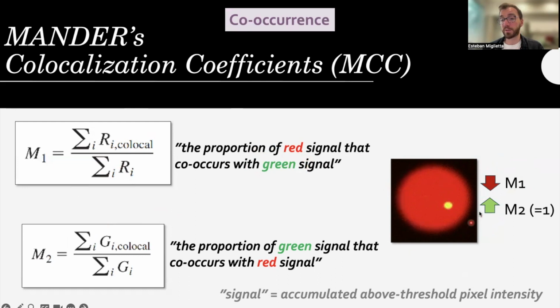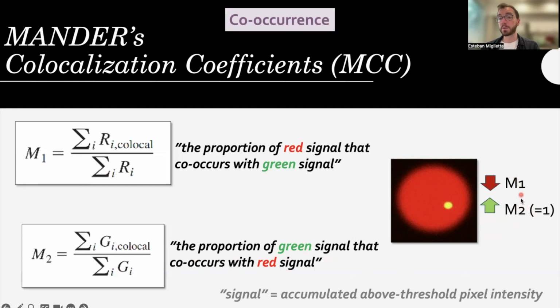Like most of the red signal is not happening in the same place where we have green signal. However, the M2 is quite high, and actually it is 1, that's the highest value it can get, because the proportion of green that is co-occurring with red is very high. All the green is co-occurring with red.